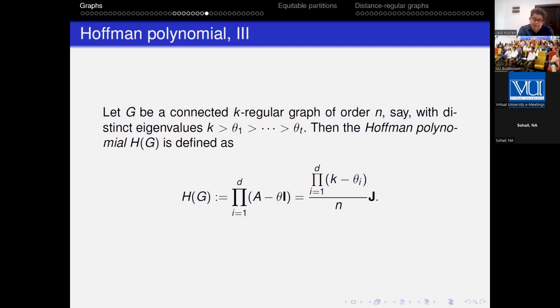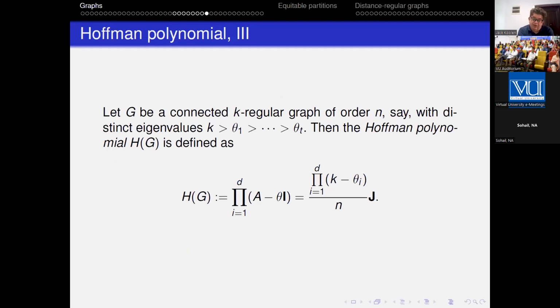So now we can define the Hoffman polynomial. So we have a K-regular graph of order n, say, with distinct eigenvalues K, θ1 up to θd. Then we can define this will be in D, not the D, I'm sorry. So this will be K, θ1 up to θd.